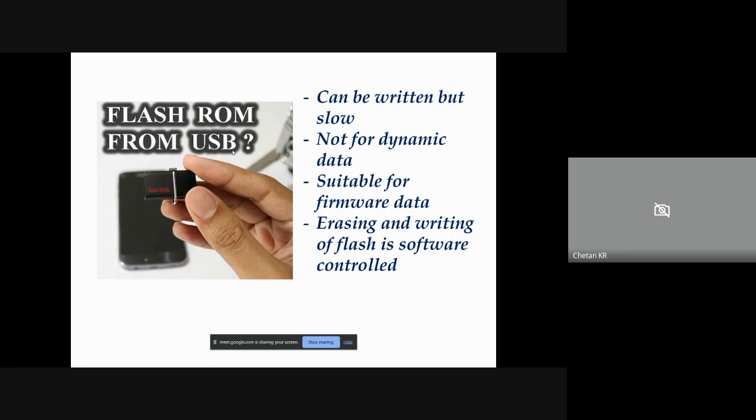So definitely, compared to the complete static nature of ROM, this is a little dynamic in that it can be rewritten, but it has to be completely rewritten. It has to be erased and written. That is the only option possible in flash ROM. It is not dynamic. It cannot be changed in the middle. And what it contains, same as ROM, is the boot code.